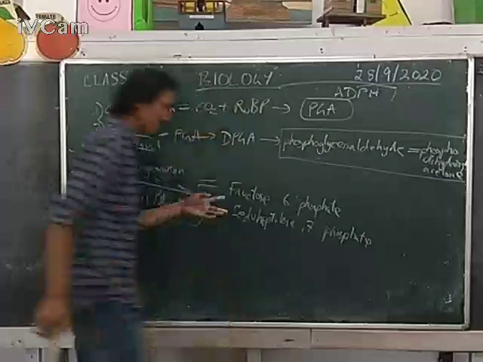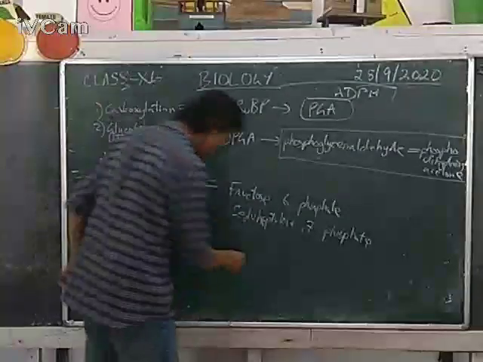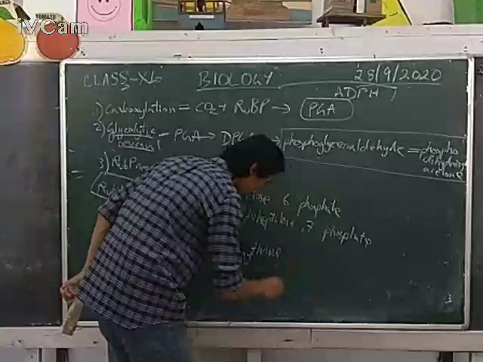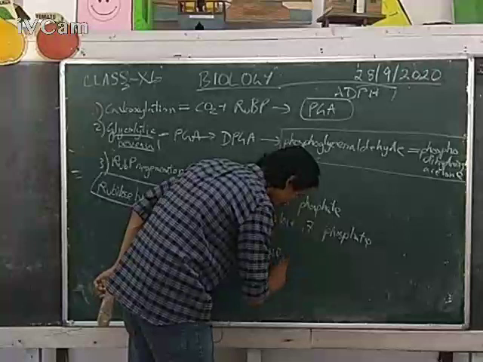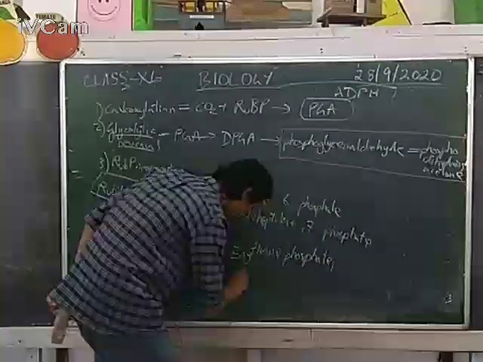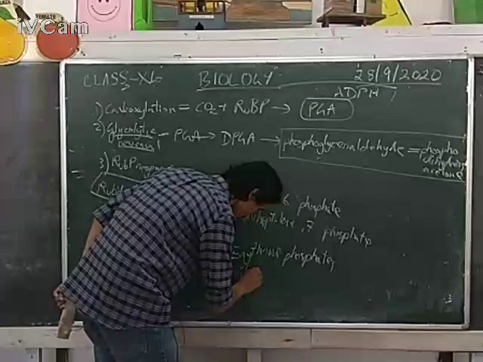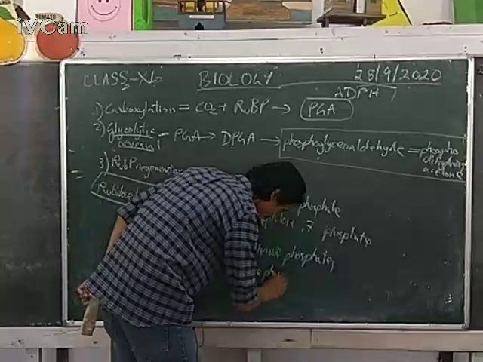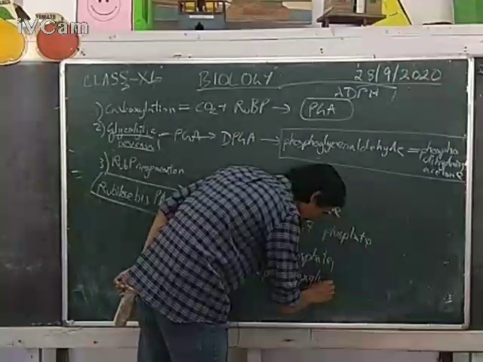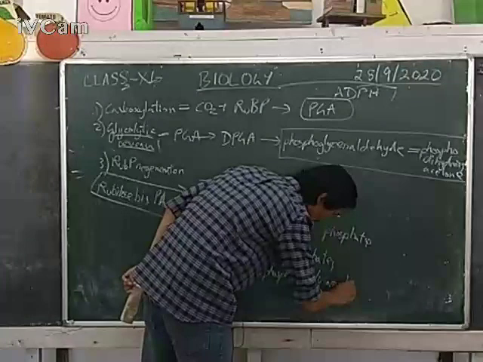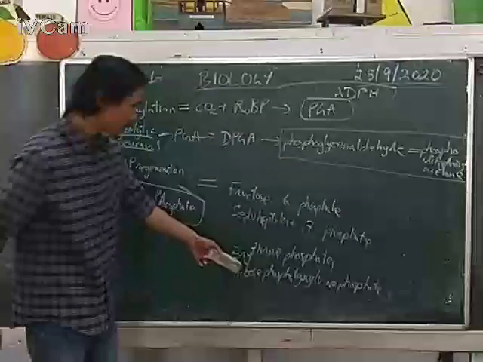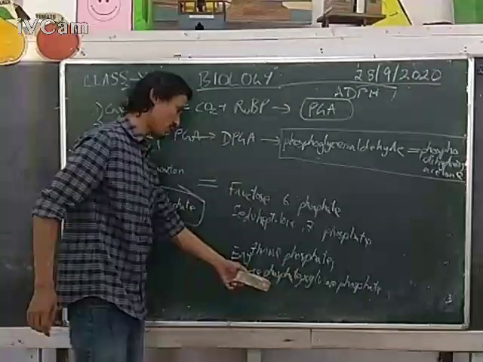Next, these products are converted into a 4-carbon compound, erythrose phosphate, and ribose phosphate and xylulose phosphate.